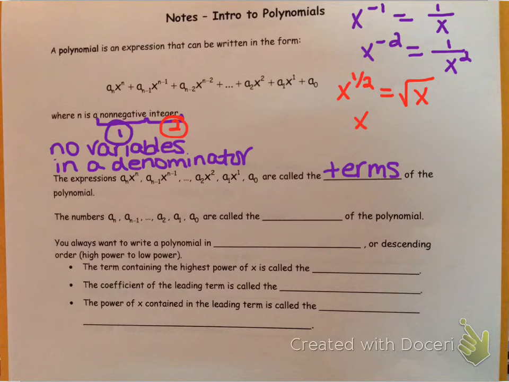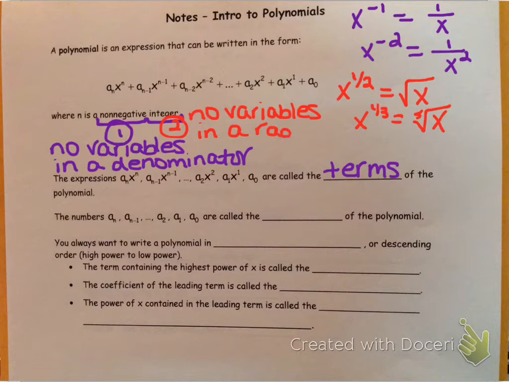If I had x to the 1/3, it would be the cube root of x. So the fact that the exponent has to be an integer means that there can be no variables in a radical. As long as you don't have a variable in a denominator or a variable in a radical, then it's a polynomial.